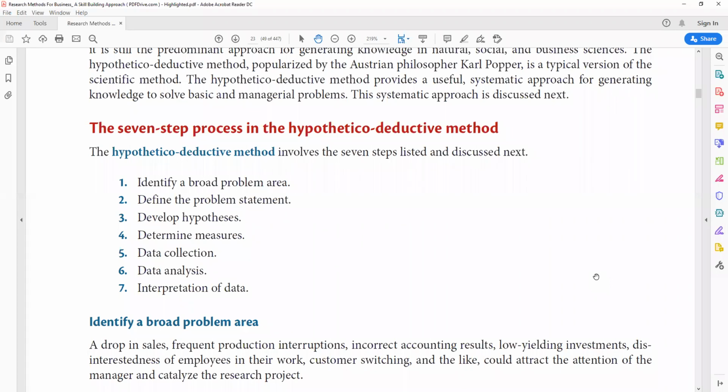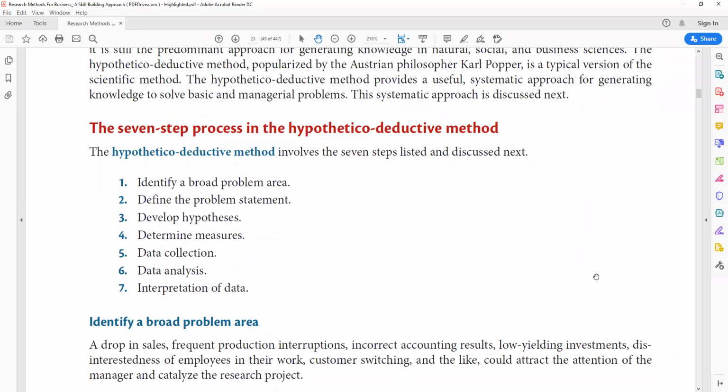In order to identify a broad problem area for your degree or your research thesis, the first thing you have to do is identify the area for your research. For instance, some of you might be interested in project knowledge management.